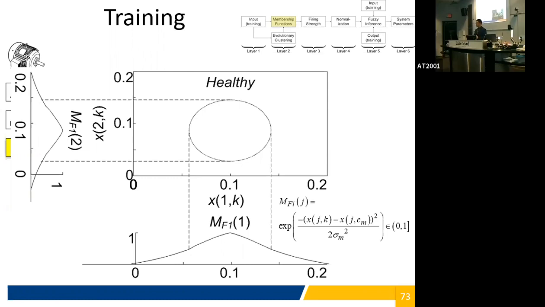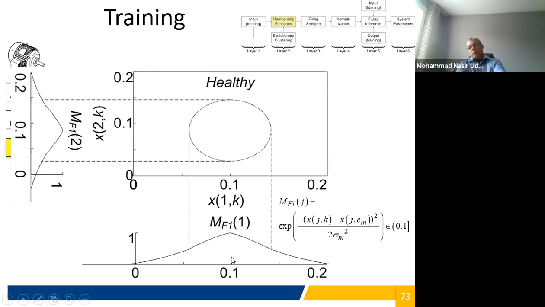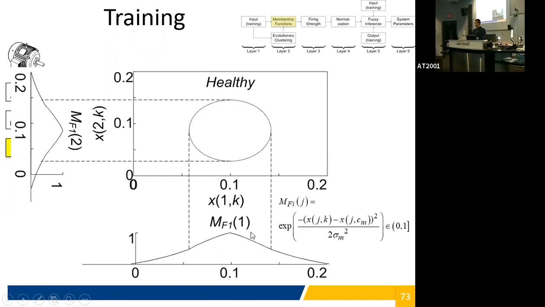Membership functions just means the degree of belonging of a certain input with respect to a certain quantity. If it belongs 100%, then you'll get an output of 1. If it belongs less, you'll have somewhere less than 1, but above 0, since these are Gaussian functions, using the center of a cluster and the spread of a cluster as its parameters.